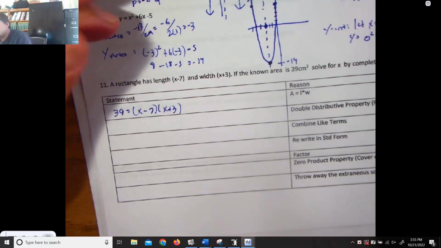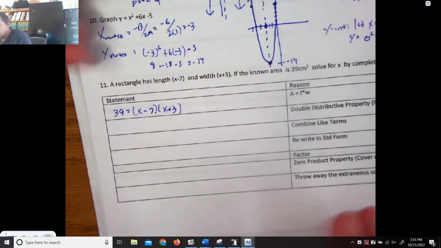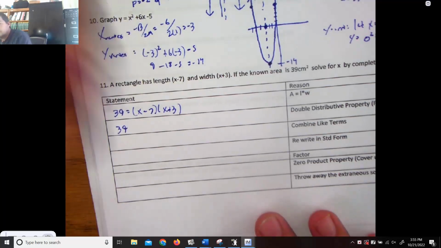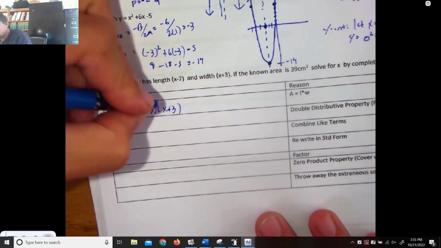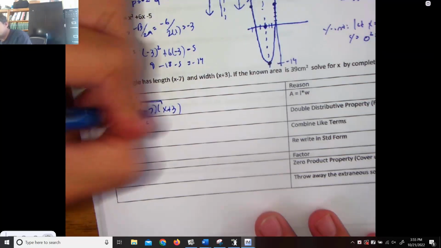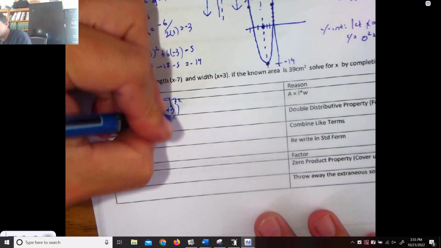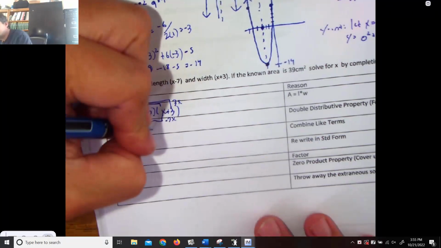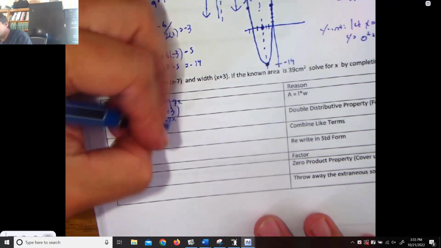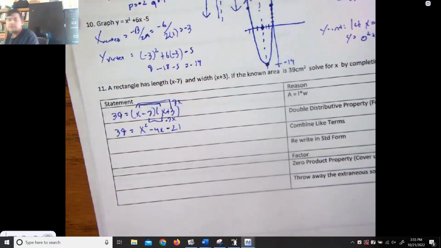The next reason is the double distributive property, so probably some FOILing. X times x is my x squared. X times 3 is 3x. And then minus 7x. 3x minus 7x is minus 4x. And then we have 3 times -7, minus 21. So there's line 2.